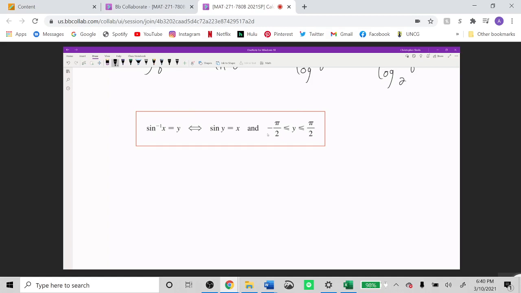So this means that the inverse sine function can only spit out angle values that are between negative pi over 2 and positive pi over 2. Does that make sense?